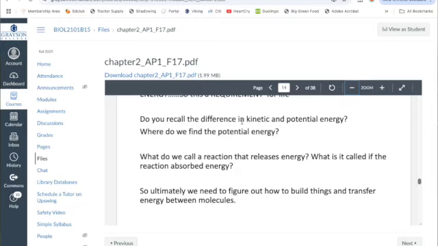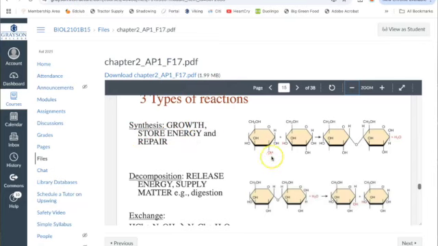Okay. Types of reactions. Okay, this has to do with, remember we talked about anabolism and catabolism. Okay, so when you synthesize something, synthesize meaning making things. Okay, you're growing things. For example, here are two sugar molecules.